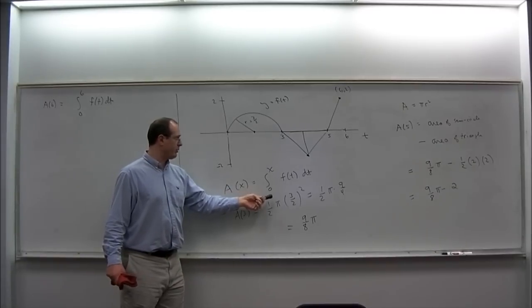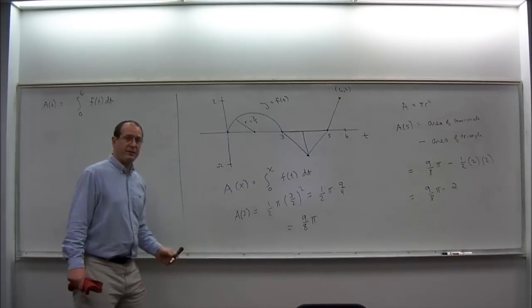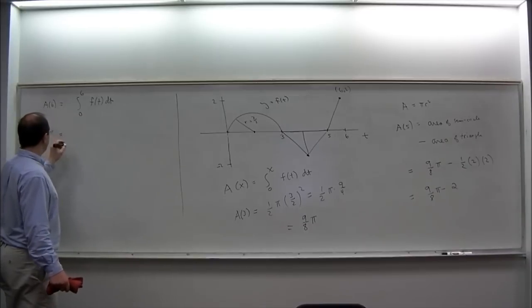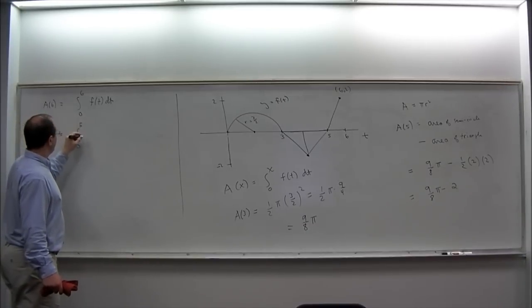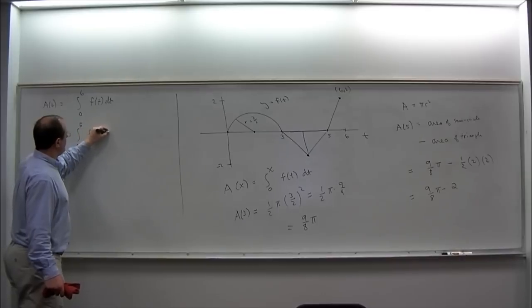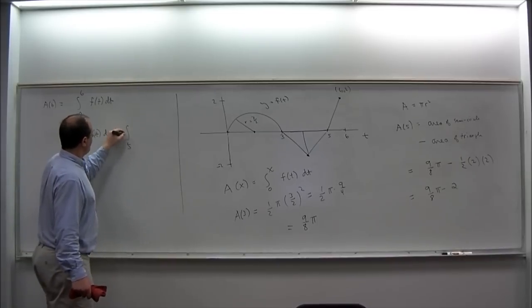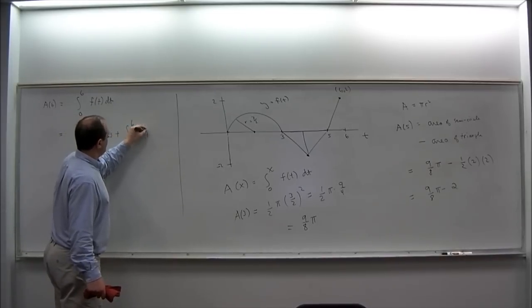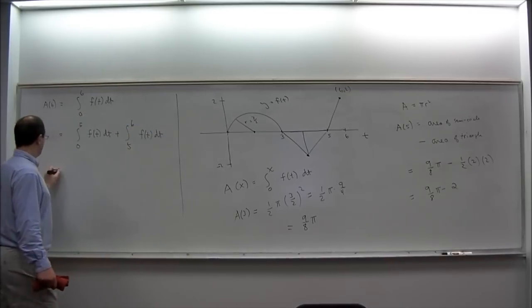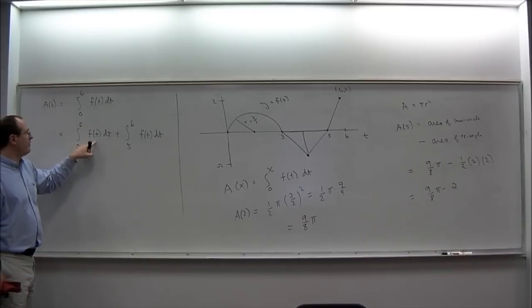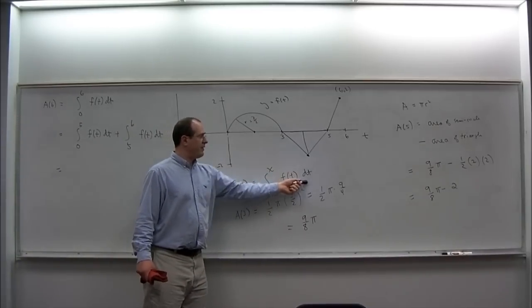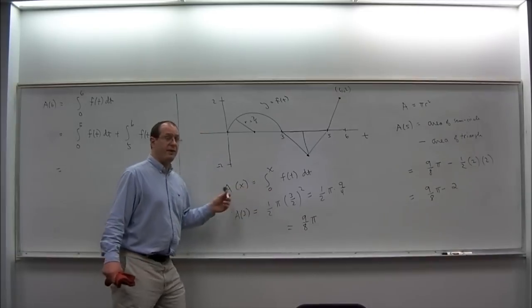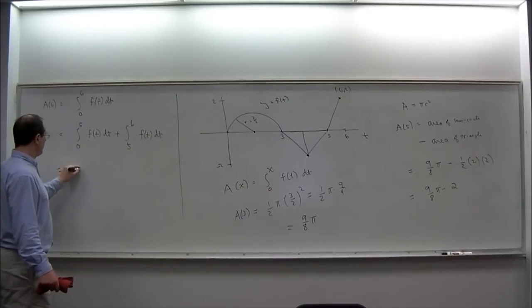And that's equal to, by a property of definite integrals, the integral from 0 to 5 of f of t dt plus the integral from 5 to 6 of f of t dt. So the integral from 0 to 5 of f of t dt is A of 5, which we just calculated.